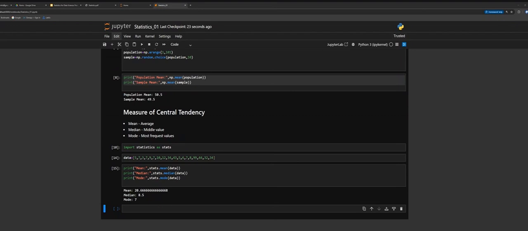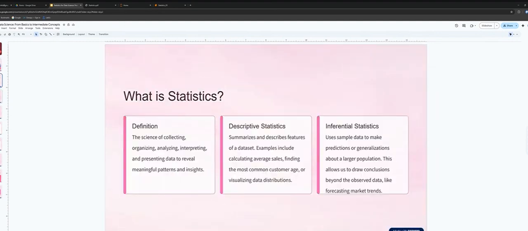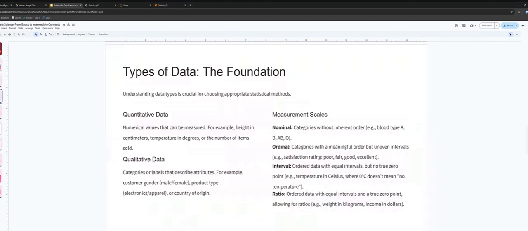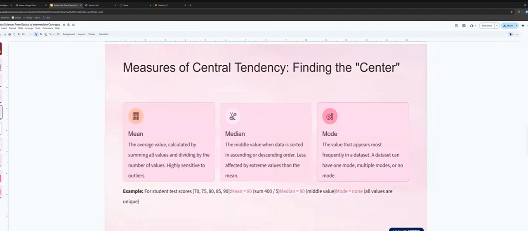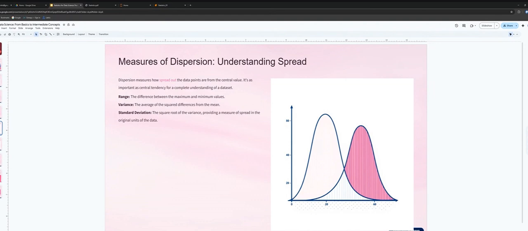Very pretty simple. Now what we'll do is we'll also see measure of dispersion. If you recall, measure of dispersion is understanding the spread of your data.